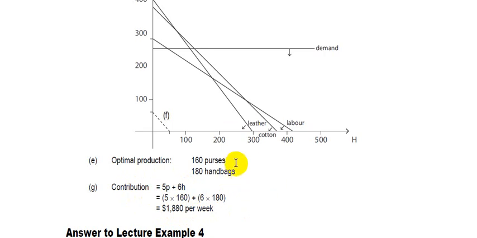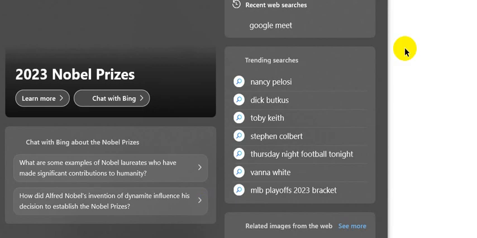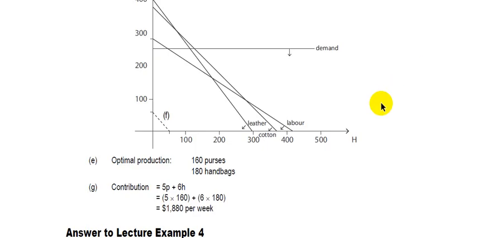Any question before we proceed? I'm still on the optimal production. The handbag. Yes. I didn't hear the question. Repeat. How did we find the optimal production?